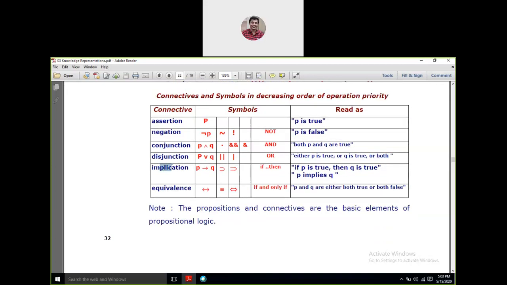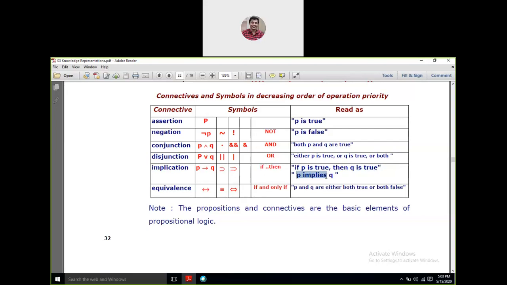Now we do have the implication. That means P implies Q. If there is an antecedent, then there will be a consequent part of it. If there is a hypothesis, there will be a conclusion of it. So reading it in this manner, if P is true, then Q is true.